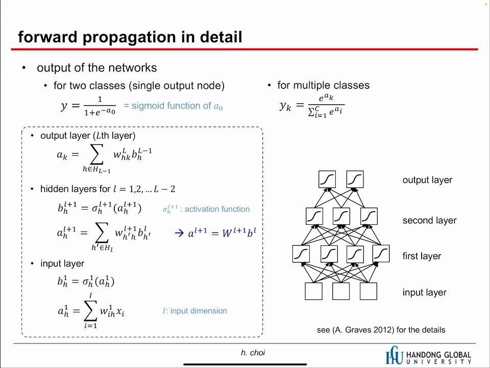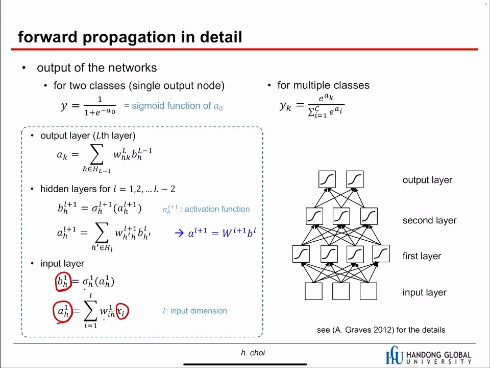If we use the equations for that, it looks like this. Going from the bottom, we have input X. Then we multiply this matrix to get A1 and apply the nonlinear function to get B1.